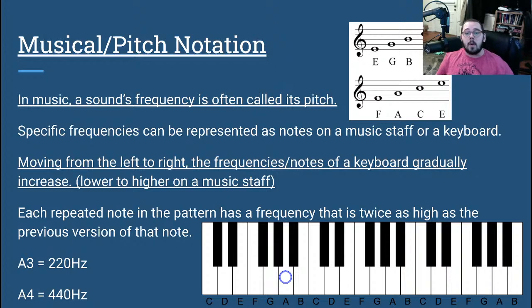Well, if you go up to the next A on the keyboard, right here, you've now doubled the frequency compared to that first note. So this is vibrating at 440 times a second whenever you play this note. And to go up one more, you would then be at 880, and so on and so on. So when you're playing higher notes, the distance between them in terms of hertz increases.